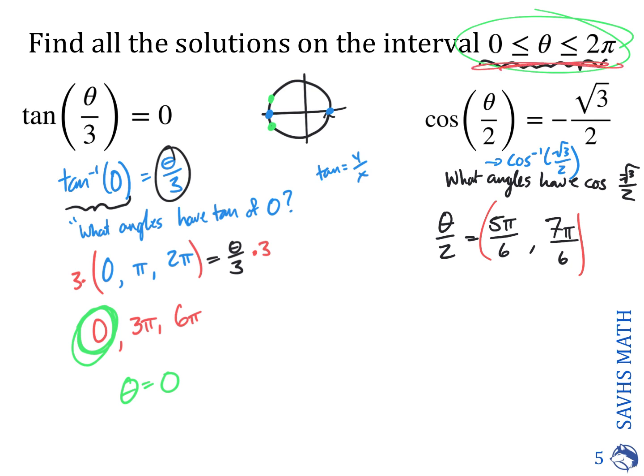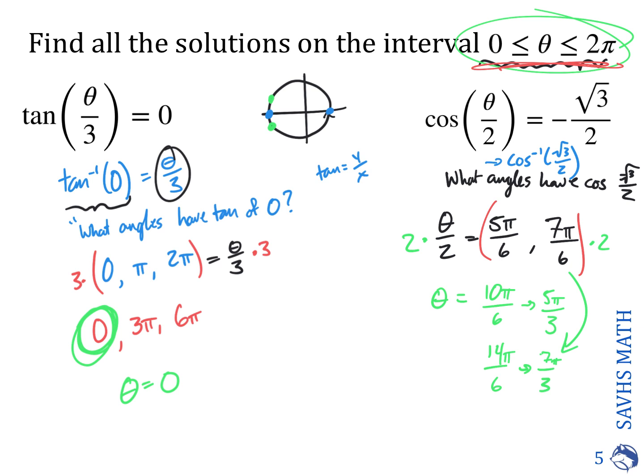So to get theta by itself, we're going to multiply by 2, and I get theta equals 10 pi over 6. By the way, that reduces down to 5 pi over 3. And then this one gives me 14 pi over 6, or 7 pi over 3.